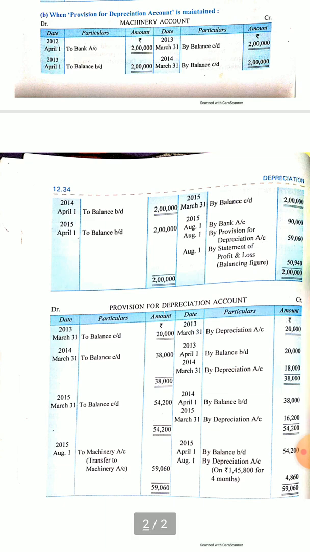Instead, all depreciation incurred in the year is charged in, you can see, provision for depreciation account. The journal entry for which will be depreciation account debit to provision for depreciation account.